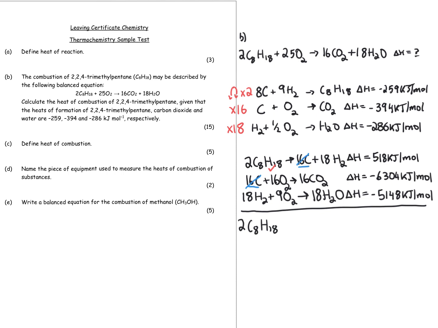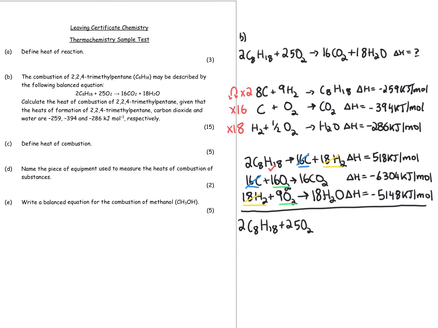Next, we have 16 O2, but we also have 9 O2 underneath it, so when you add them together, that is 25 O2. On the bottom line, we have 18 H2, but up here on the top right hand side, we have 18 H2 as well, so those will cancel out.